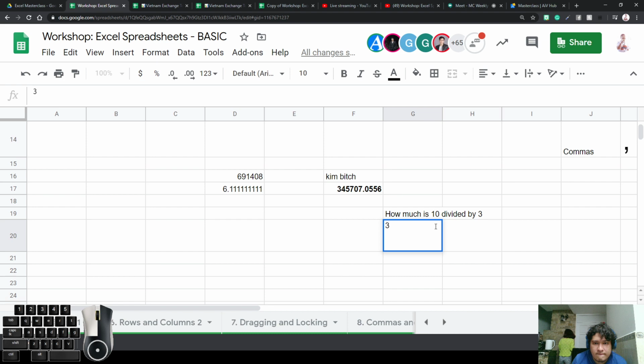So it's 3, 3, 3, 3, 3, 3, 3, 3. Did you see what happened here? I added a comma, but that's for Excel. The comma doesn't mean the same thing that we use on paper. So if you want to make decimal numbers, you have to put 3.33333.